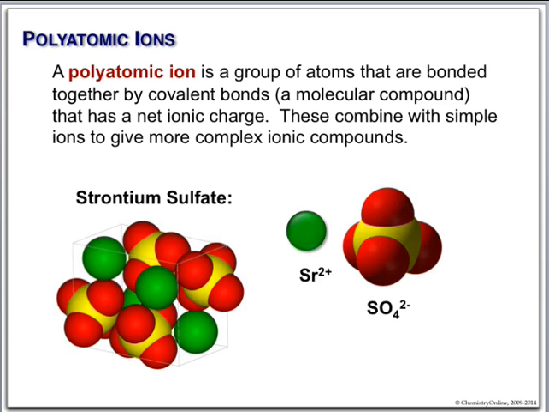In strontium sulfate, we have 1 strontium and 1 of these sulfates. Put them together in a crystal, looks like this. There's our strontiums, and the sulfates are all around. Once again, they're stuck together electrostatically, the pluses and the minuses.